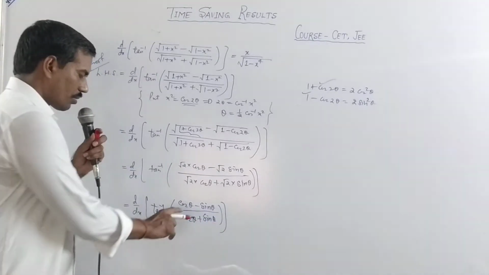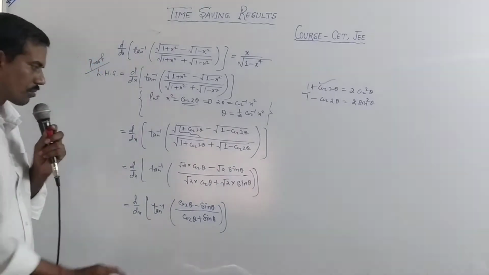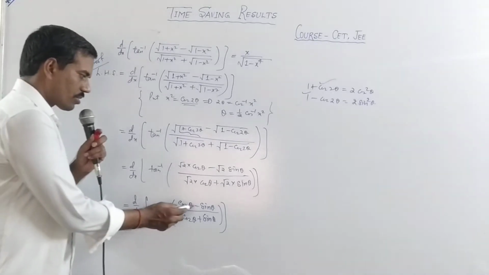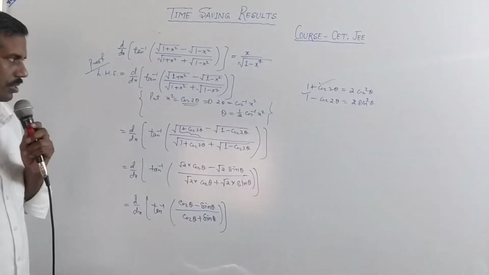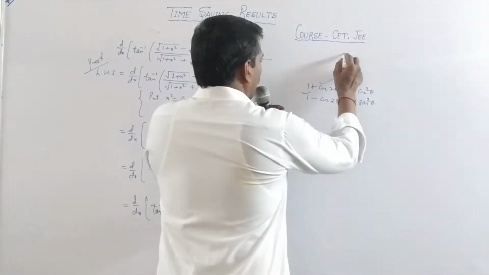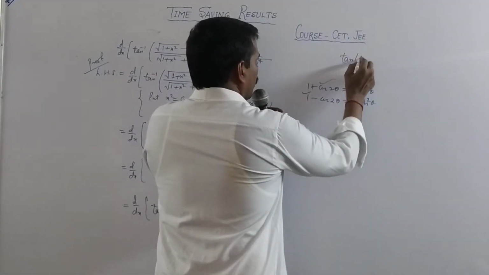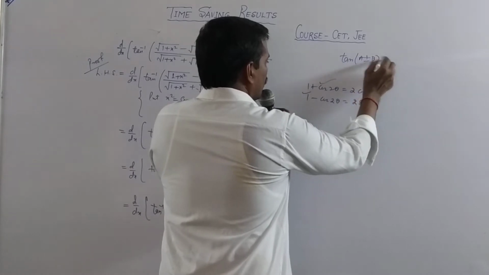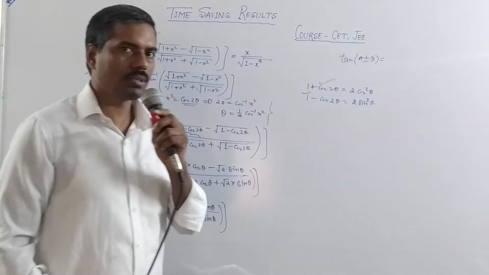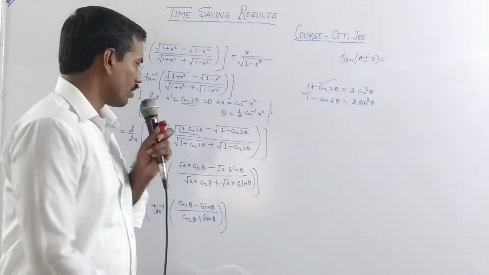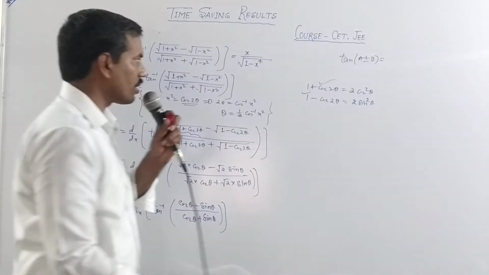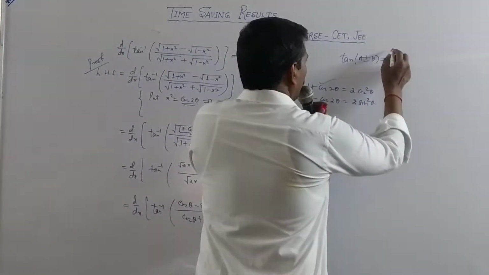Okay, there are two terms in numerator and two terms in denominator, and their signs are minus in numerator and plus in denominator. This pattern is seen only in the form of tan of a plus b or tan of a minus b, the compound angle.